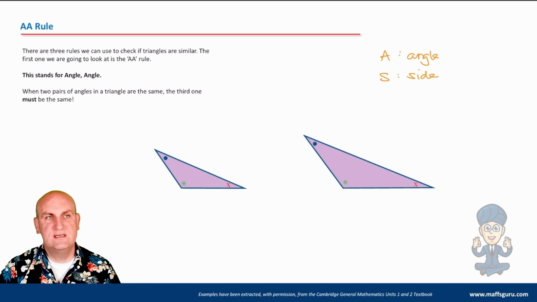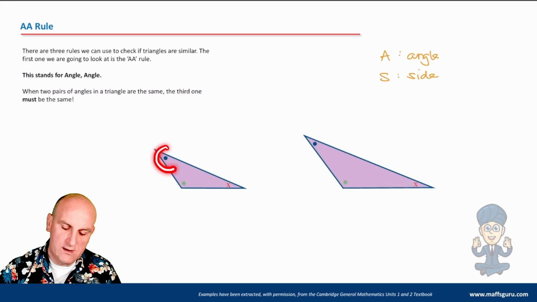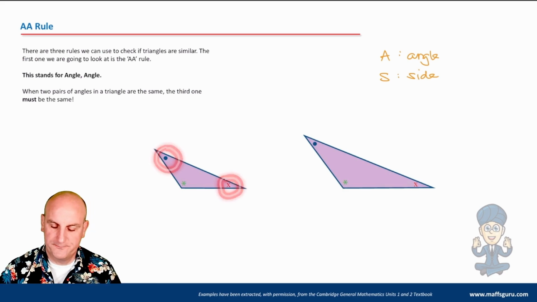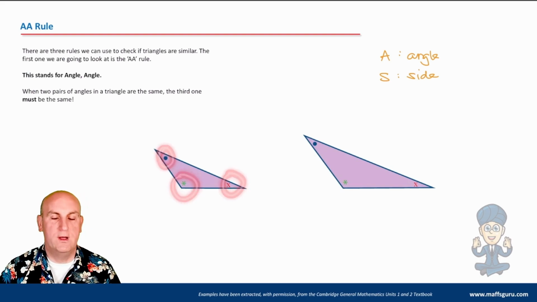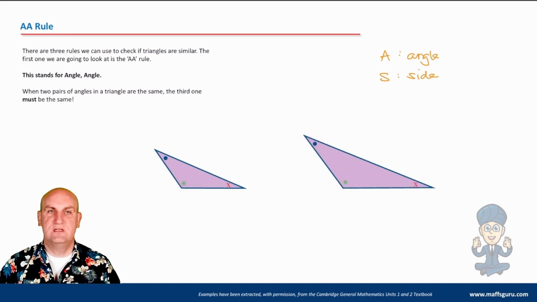So this stands for angle. In here, we notice that when we are given 2 angles, the third one we can work out. So if we know 2 angles in a triangle, we can obviously work out the third one. So if this angle here and this angle here are the same, and we've got our bigger triangle and that angle there and that angle there are the same, then we know that third angle is also the same.